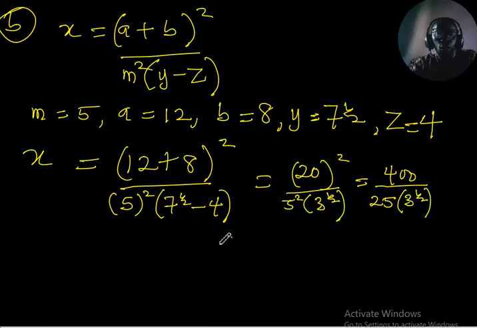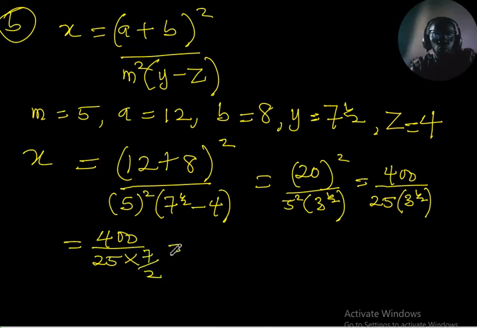So if we move from that point, 400 over 25 times, turn the mixed fraction to improper fraction, 3 times 2, 6 plus 1, 7 over 2, equals 400 over 25 times 7, all divided by 2.